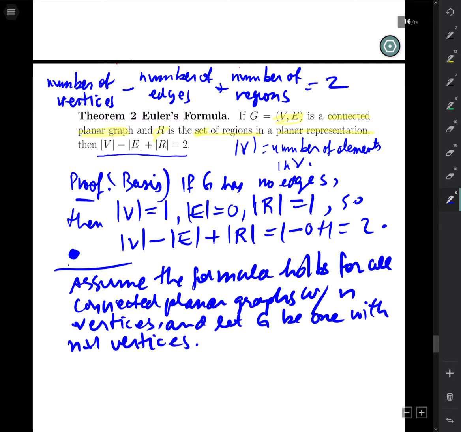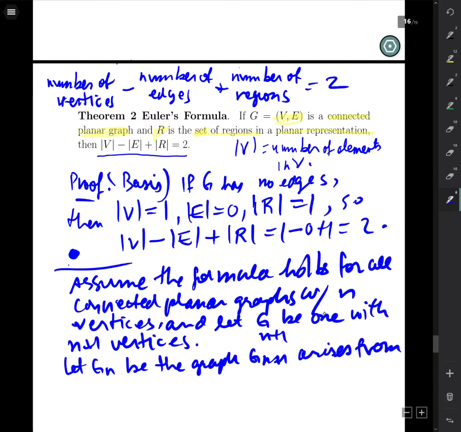So let's call that G_{n+1}, and let G_n be the graph that G_{n+1} arises from by adding an edge vertex or just an edge.